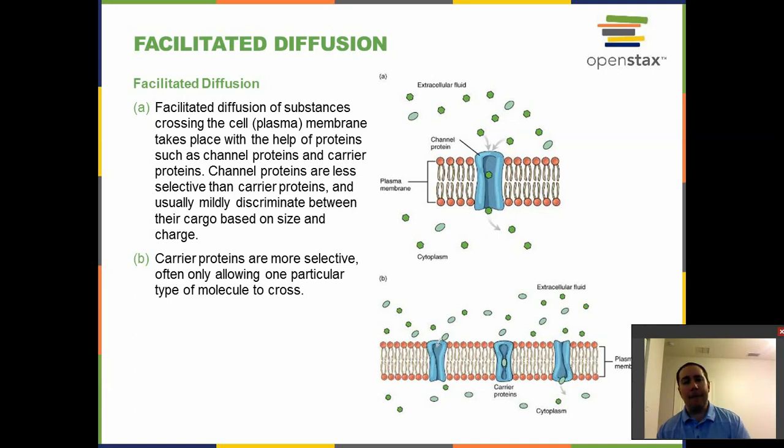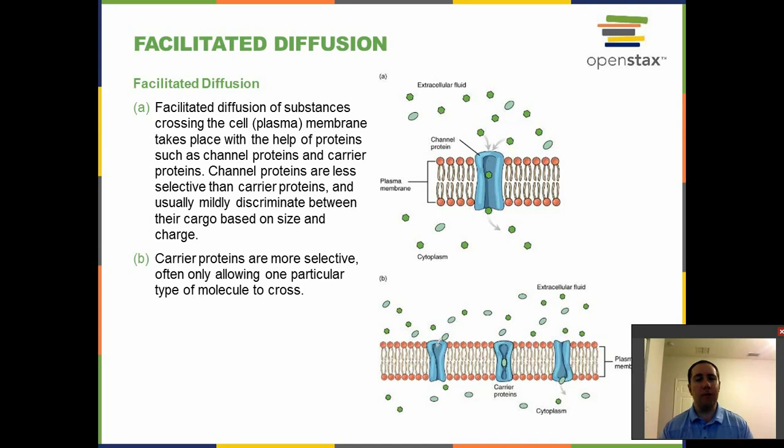At that point in time, though, I said some things can't move through the plasma membrane at all. And so, to allow them to diffuse, we have to have facilitated diffusion. This is in contrast to passive diffusion. This is facilitated diffusion. But confusingly enough, this is still a passive transport process.